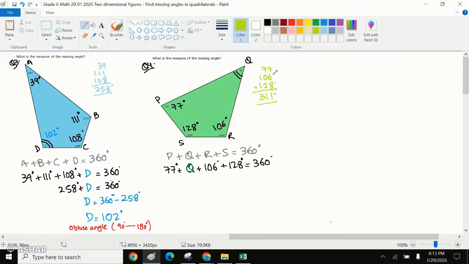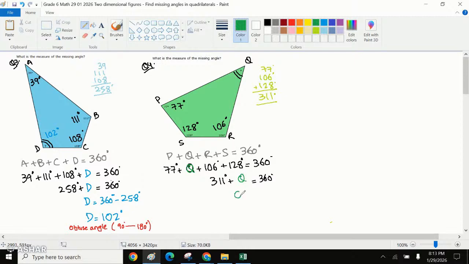Okay, 311 degrees. So we can say that 311 degrees plus the missing angle, that was Q, should be equal to 360.